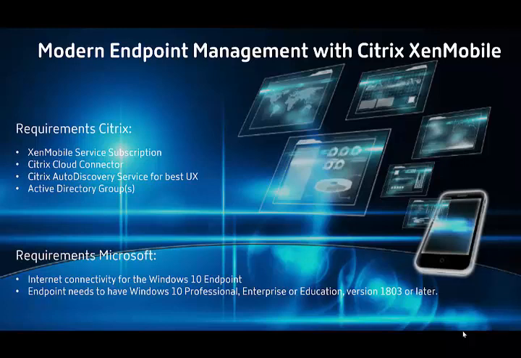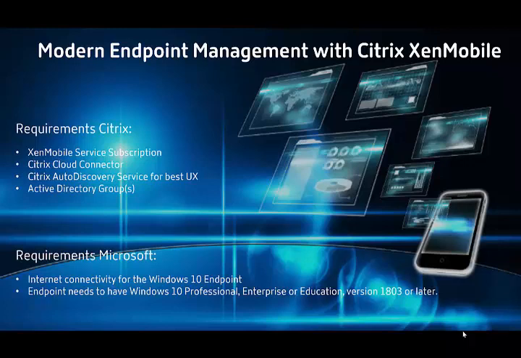I put in 1803 here because with each Microsoft release comes a massive list of new UEM policies, or CSP policies, or OMA-URI policies, however you want to call them. Some of them are for the older 17 release version, and some are for 1803. So make sure you have the latest one, and they all are working.